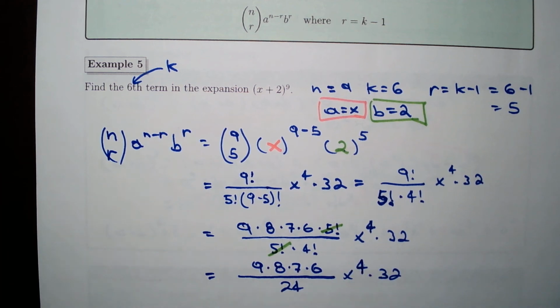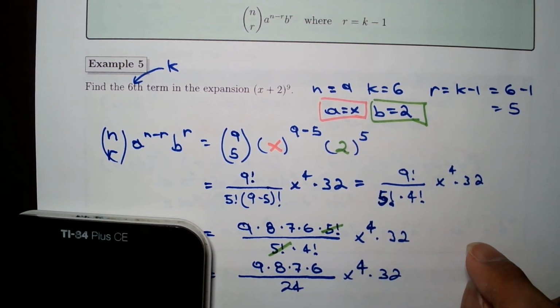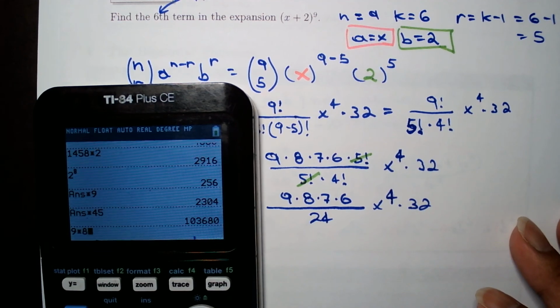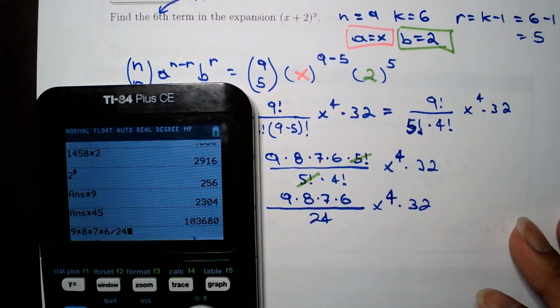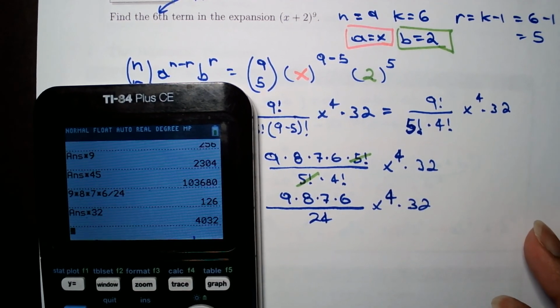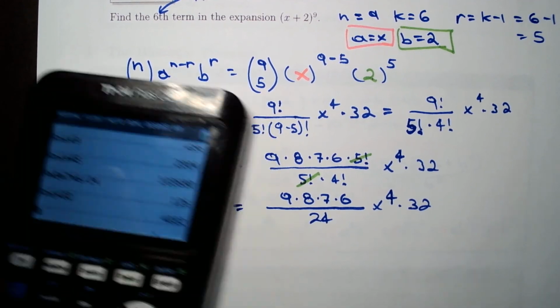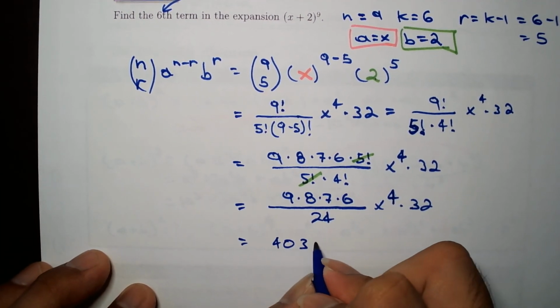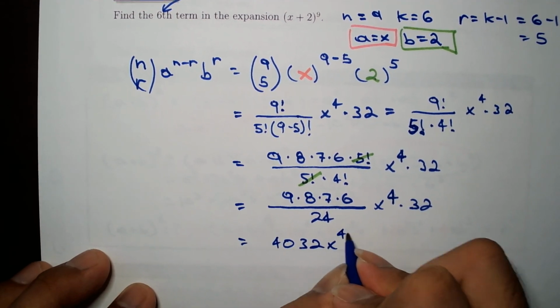Alright, so let's do this multiplication right here. 9 times 8 times 7 times 6 divided by 24, what we get, times 32. And that's 432 x to the 4th power.